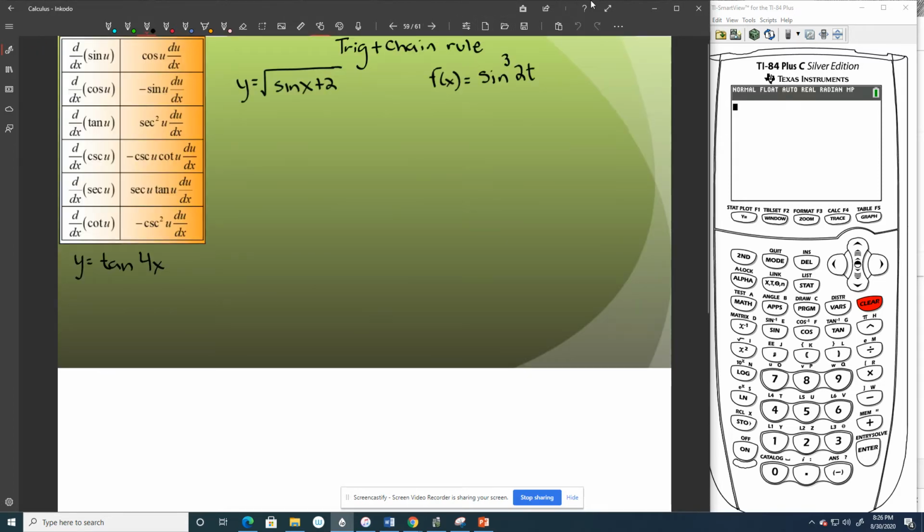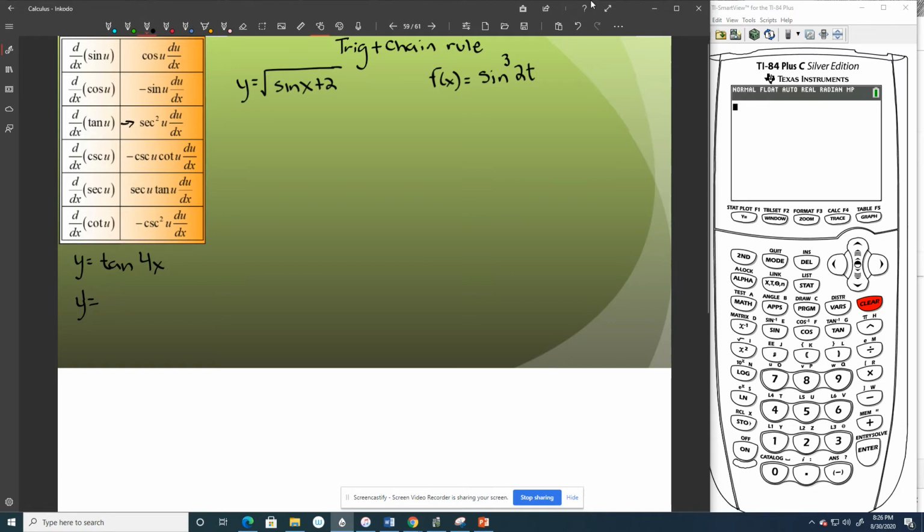Now what happens when we use those chain rule formulas? So instead of just sine of x, we have things like tangent of 4x. So just like the chain rule before, my y prime, I'm just going to take the derivative of the outside of just the tangent part.